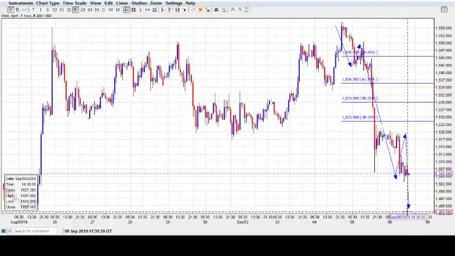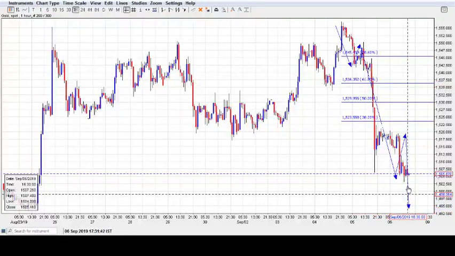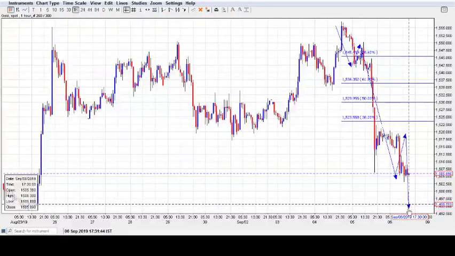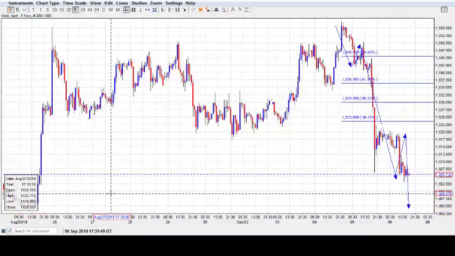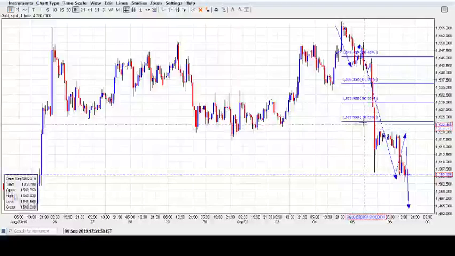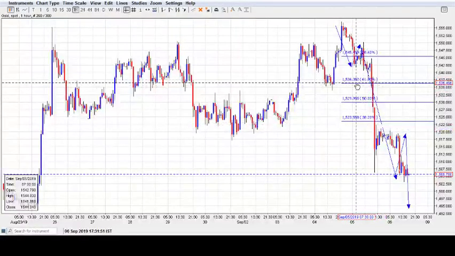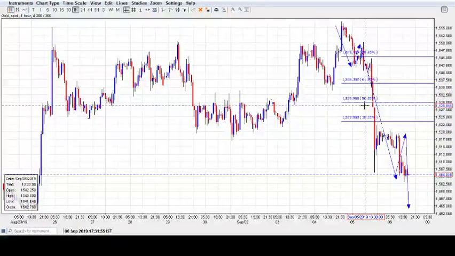So we're expecting a dip lower first around the 1500 mark, taking that support out. And then a pullback. Now in that case, the 1536 would come a bit lower, maybe 1530 or 1525.